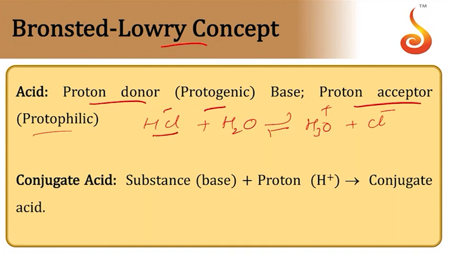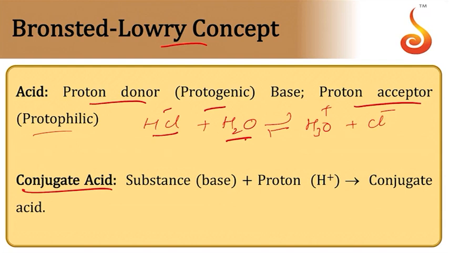HCl is giving a proton, so it is called an acid. Water takes a proton from HCl, so water is called a base in Bronsted-Lowry theory in this reaction. And the meaning of conjugate acid-base pair: a pair of acid and base differing by a proton is called a conjugate acid-base pair.